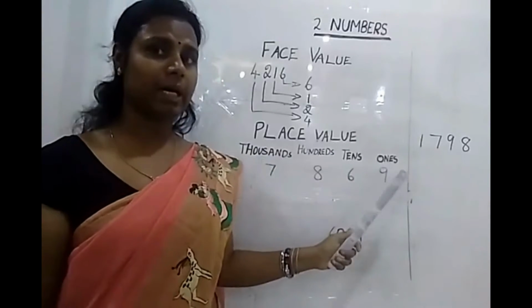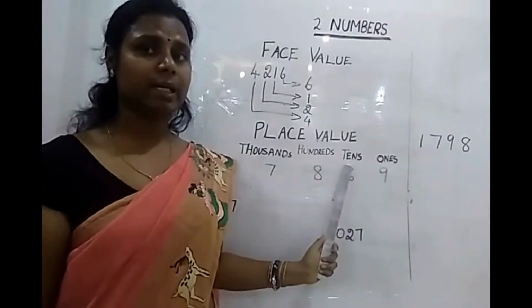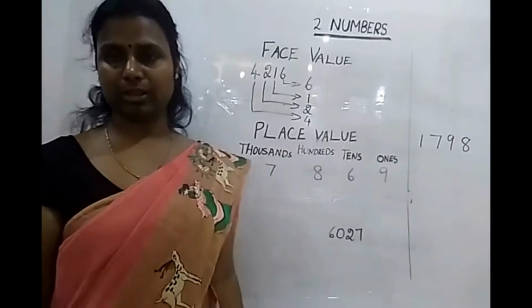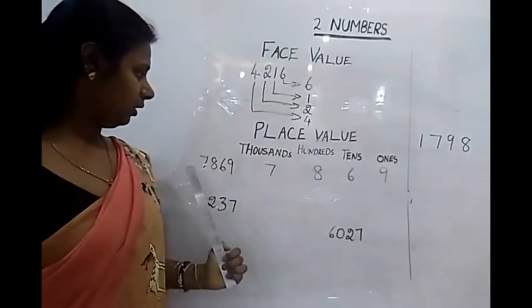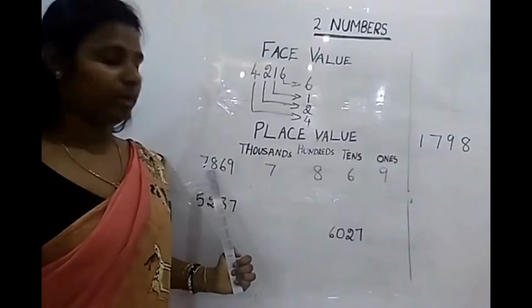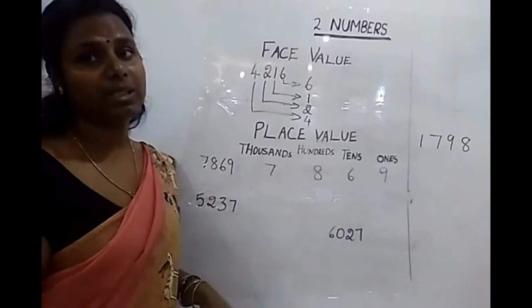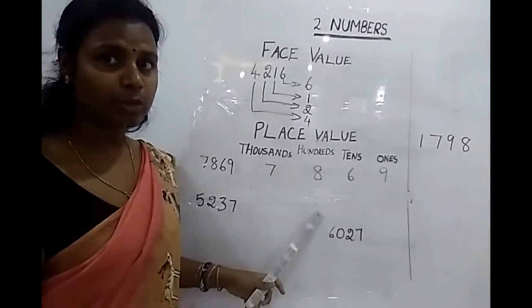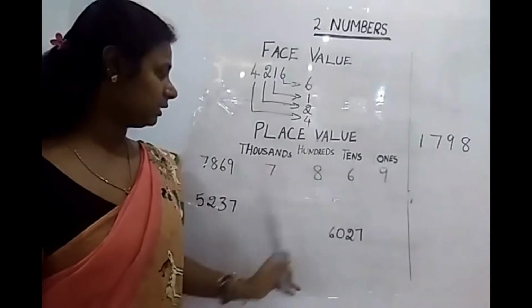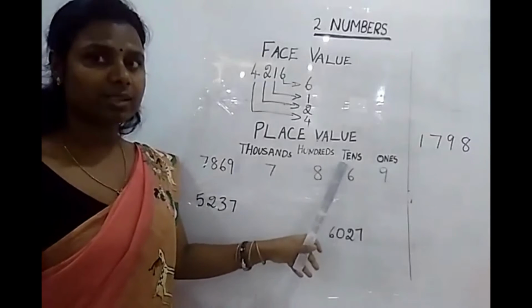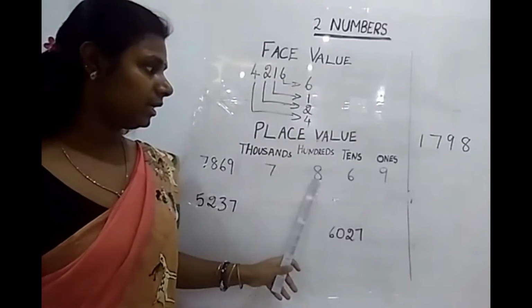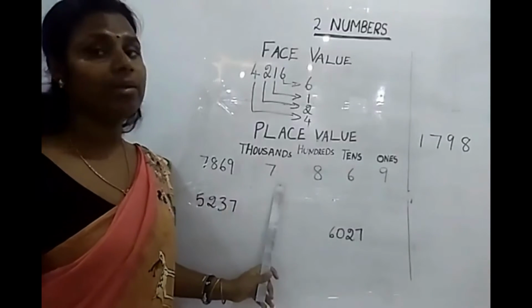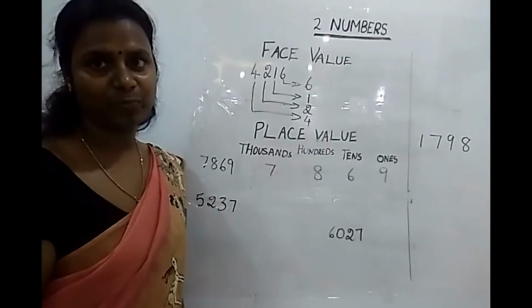Here I have given one number, 7869. So shall we write this number in the place value chart? 9 is in ones place, 6 in tens place, 8 in hundreds place, and 7 in thousands place.